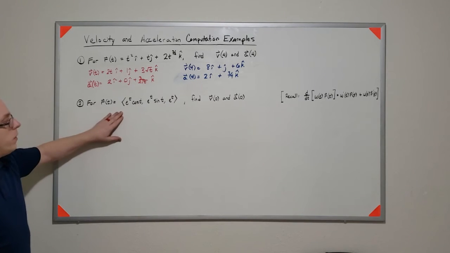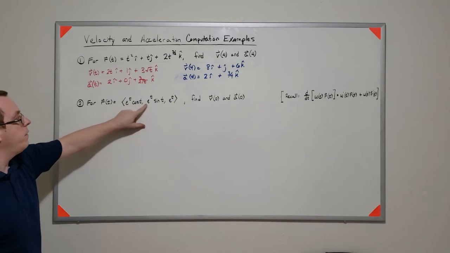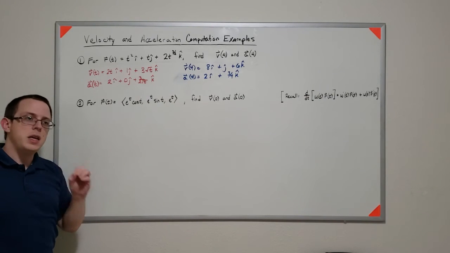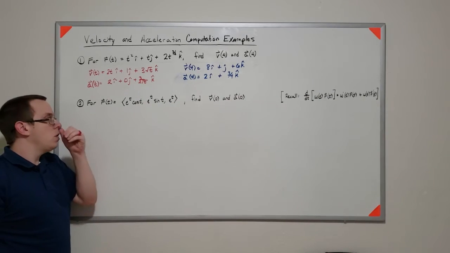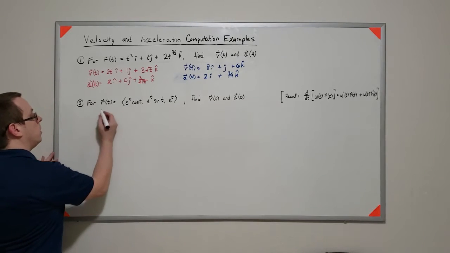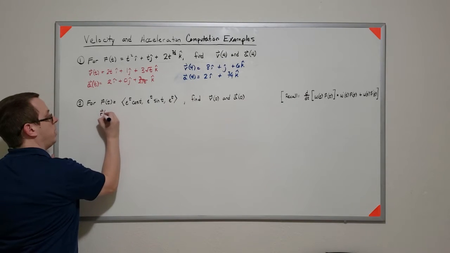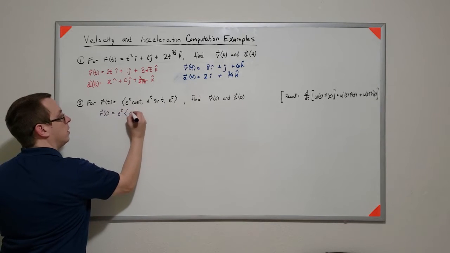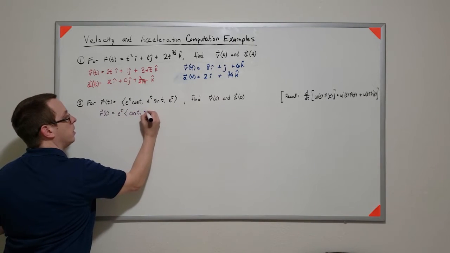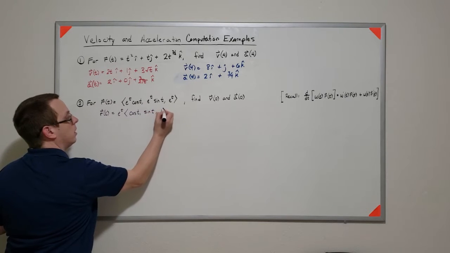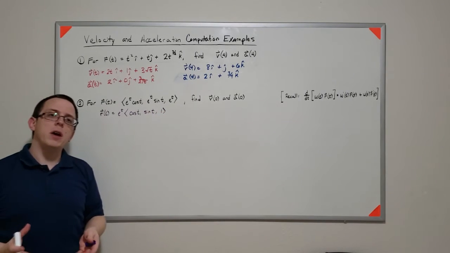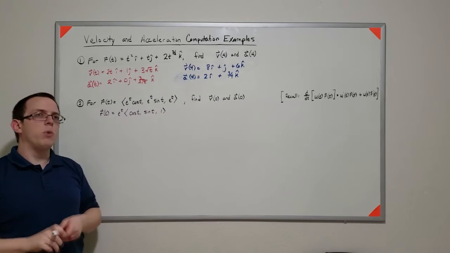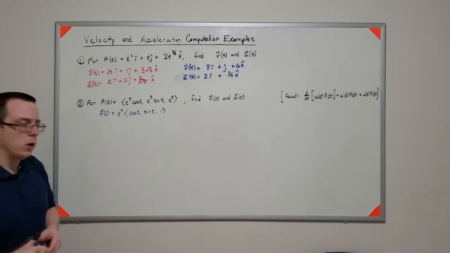Now, what I notice on this particular position function is that I have an e to the t in each component. So what I'm going to actually do is I'm going to rewrite r of t as e to the t times the vector cosine t, sine of t, and 1. And this may not make our lives easier, but it's a good reinforcement of a skill that we learned.